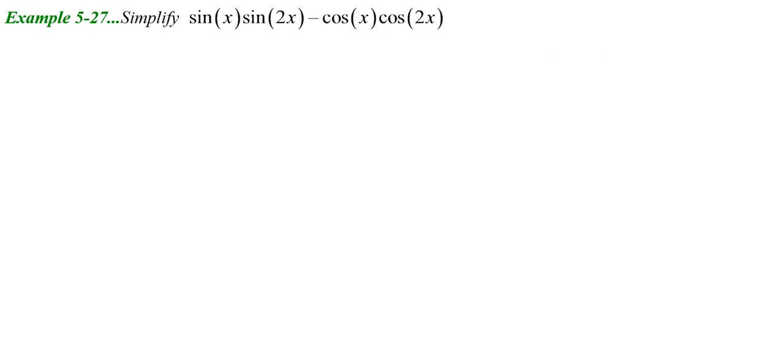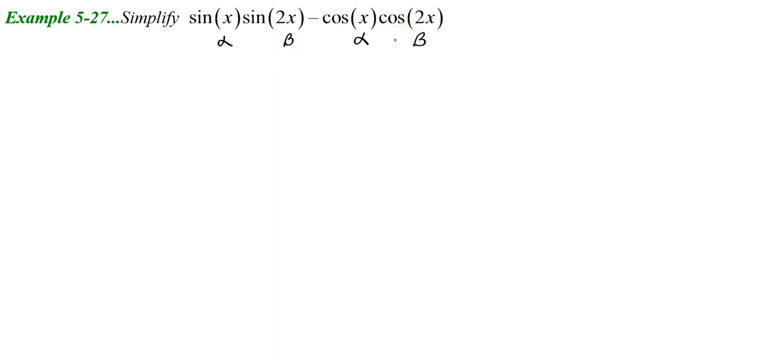So again, if we're simplifying here, we have sine x times sine 2x minus cosine x times cosine 2x. So if I think of this as alpha, and if I think of this as beta, then I can start here. We have sine times sine minus cosine times cosine. So I have something similar on my formula sheet, except it has cosines first and sines second.